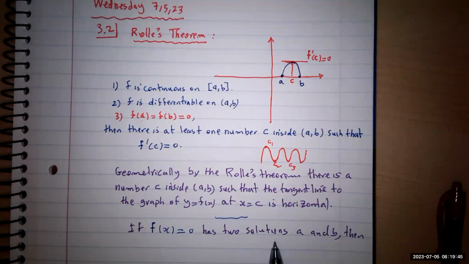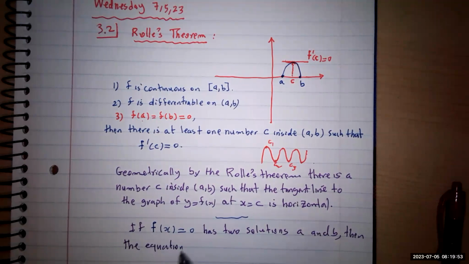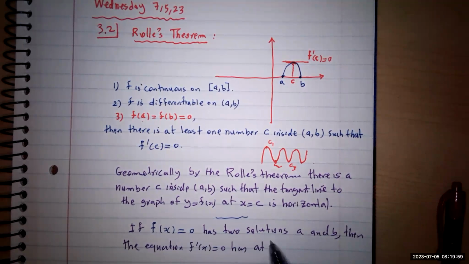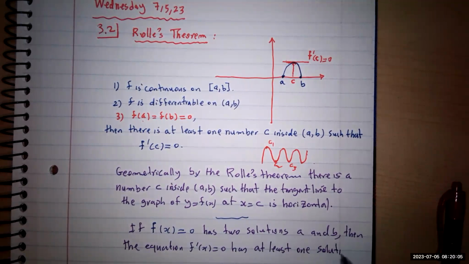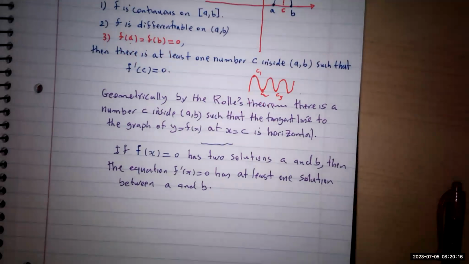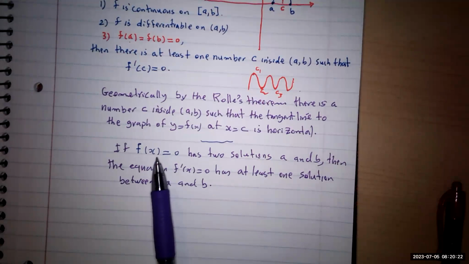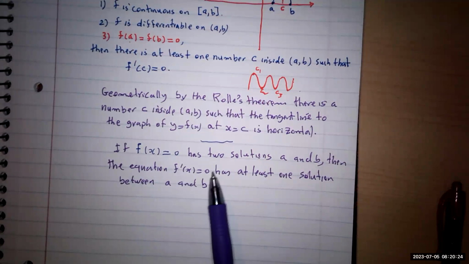So f of x has two solutions, A and B, then the equation f prime of x equal to 0 has at least one solution between A and B. It's the way they use it in algebra, or from the algebraic point of view.